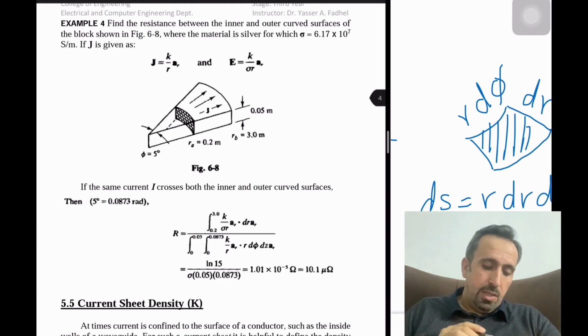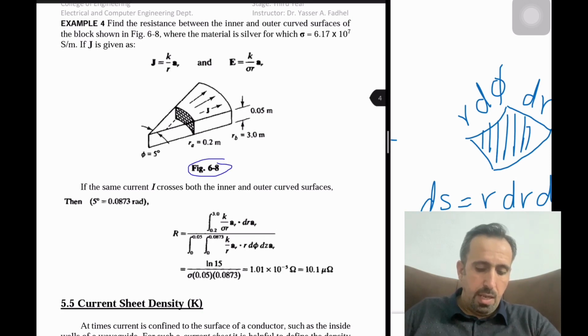And this piece of cheese has been eaten from one of its sides. Now you have this structure as shown in figure 6.8.